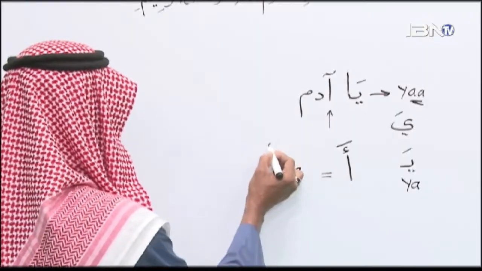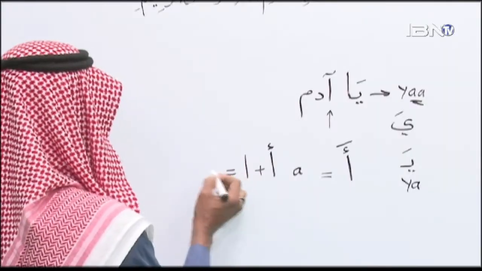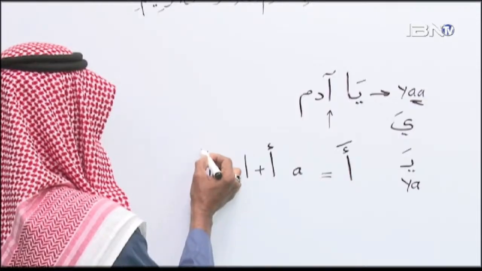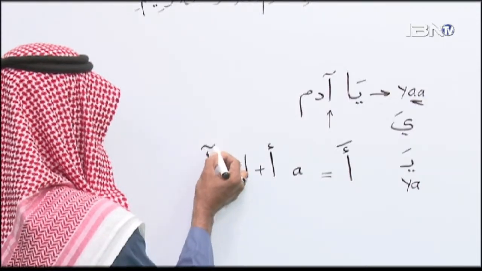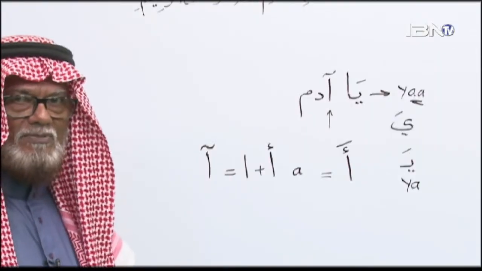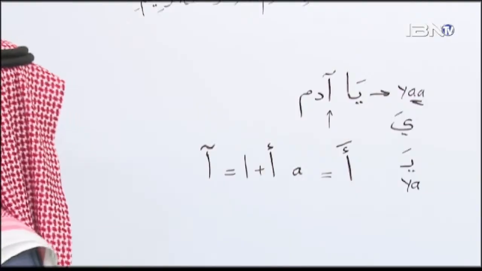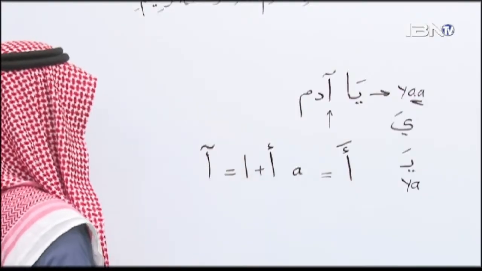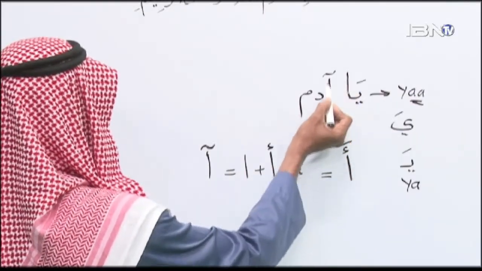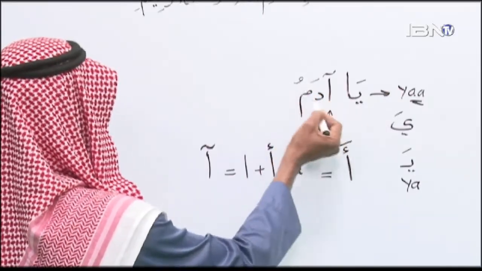So alif plus another alif. This is what the Arabs do. They write the alif one time and they put this sign above it, like a wave. The wave indicates that the alif is lengthened in the sound. So, aah. Okay? So coming back here, we have ya, Adamu, Ya Adamu.